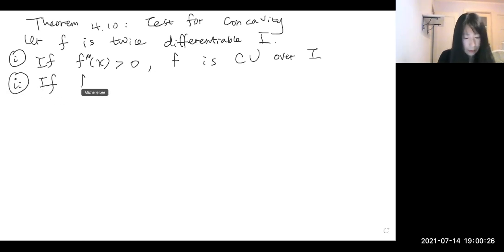If the second derivative is less than 0, then f is concave down.